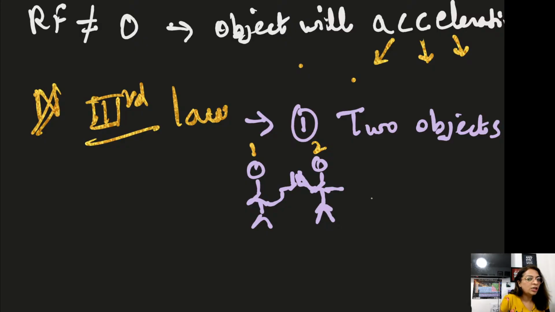Now listen carefully. Person 1 exerts a force on person 2 of 20 Newton. Write in the chat, what did I say? What did person 1 do to person 2? Type in the chat.